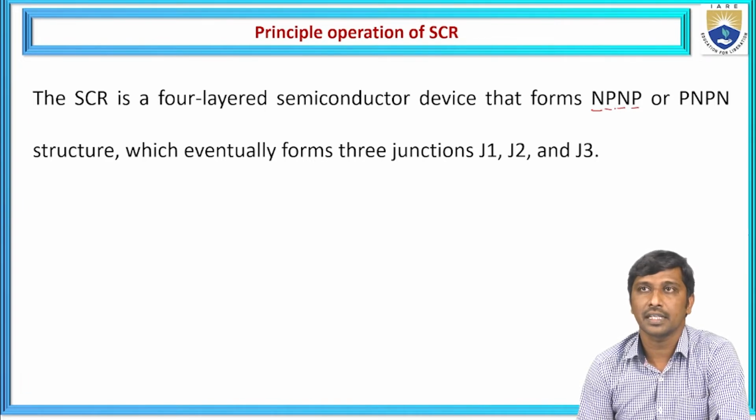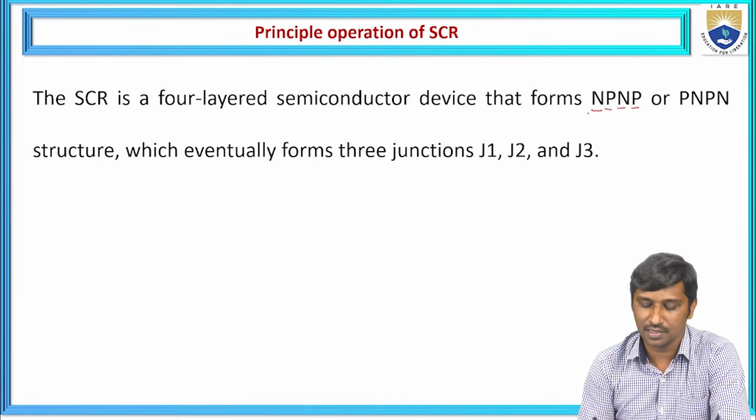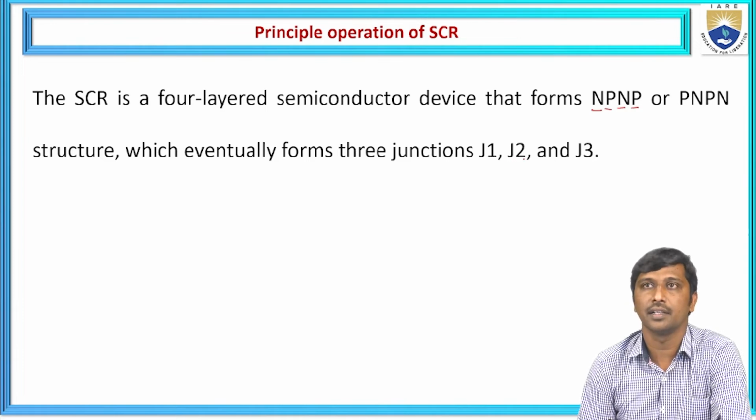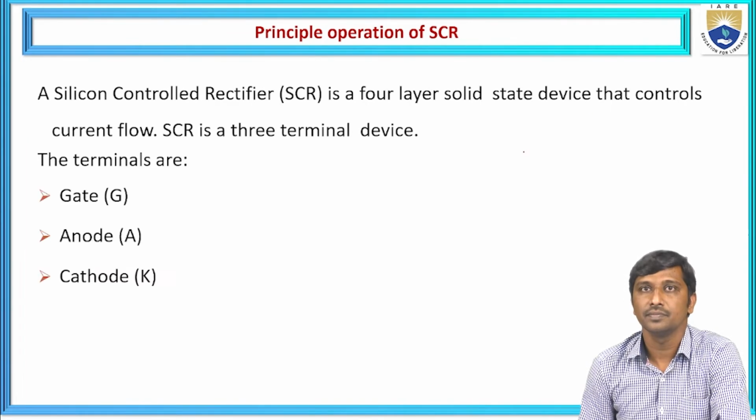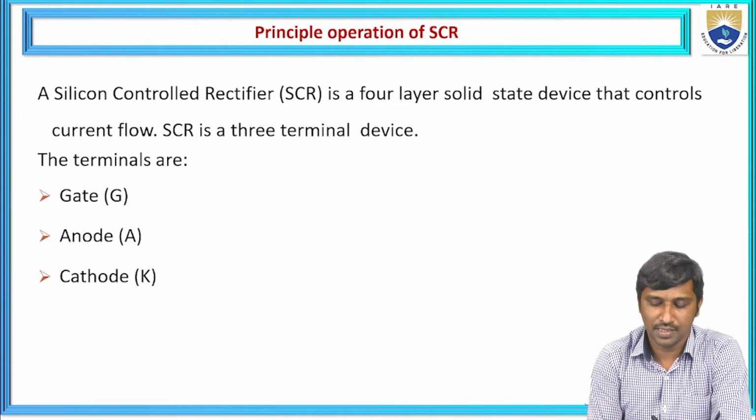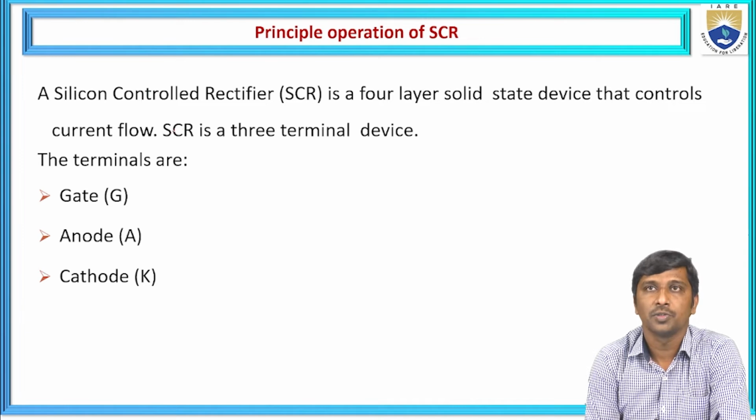Based on the construction of the silicon control rectifier, it contains the 3 junctions, represented as J1, J2 and J3. And based on the construction, we have 3 terminals.